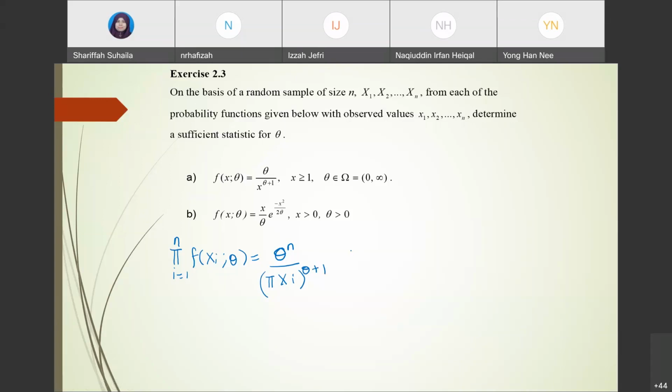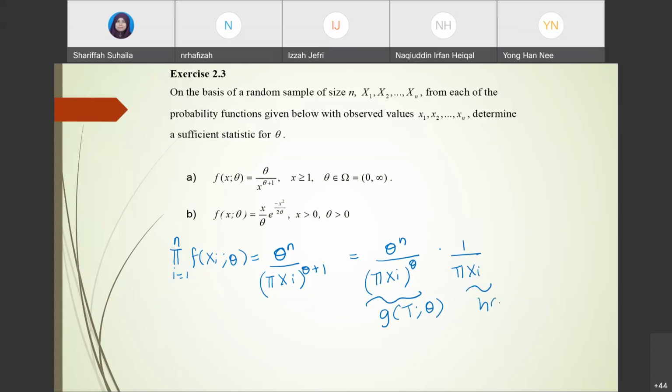Okay, so now you split into two parts. Okay, yang ada theta kita sekalikan, yang tak ada theta letak tepi. Okay, you have that one. Right? Okay, ini kamu tulis je. So katakanlah kamu buat macam ni. So this is your g(T; theta).